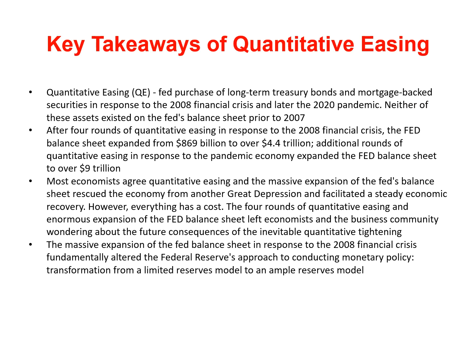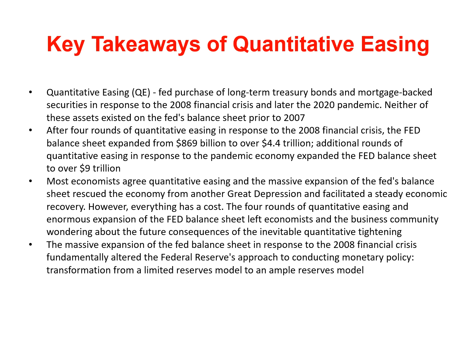It is important for students to understand that before 2008, neither long-term government debt nor mortgage-backed securities existed on the Fed's balance sheet. The Fed engaged in 4 rounds of quantitative easing in response to the financial crisis.